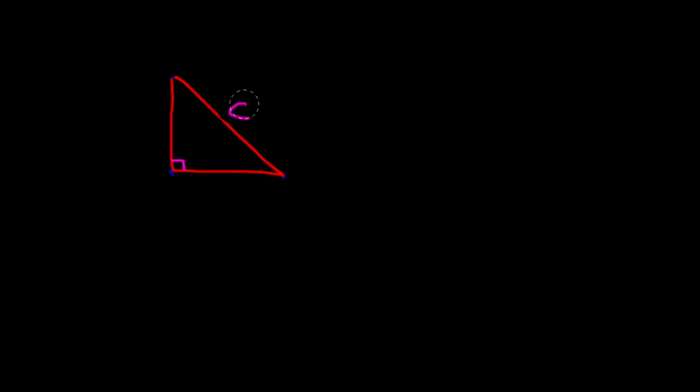Say you are looking for this side right here, and let's just call it C for the sake of the formula. And let's say this side is a 6 and this side is a 7. Right off the bat, you know that this longer side C has to be greater than 7 because the hypotenuse is the longest side in the triangle.